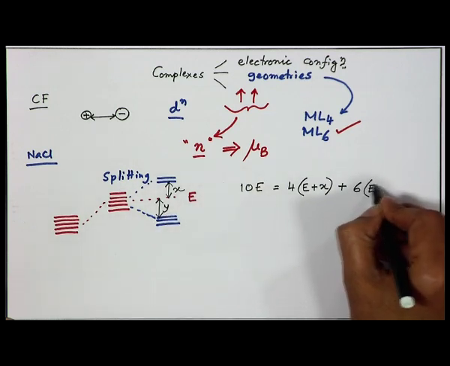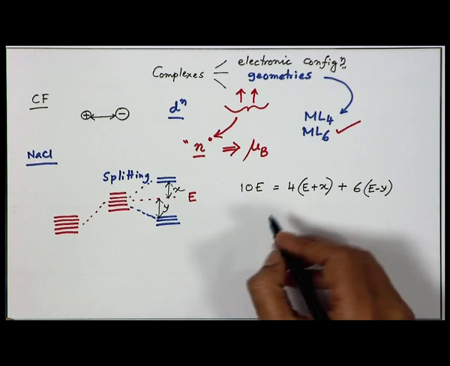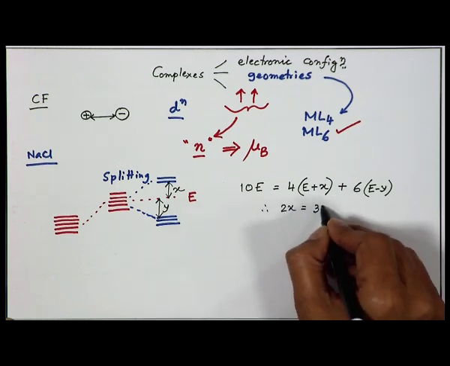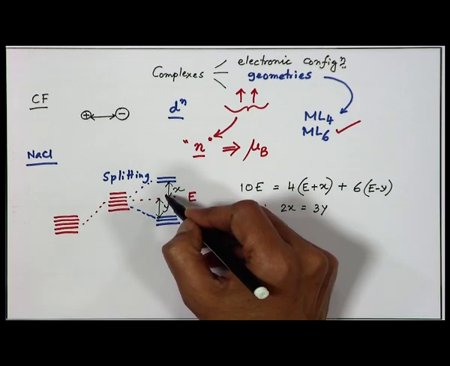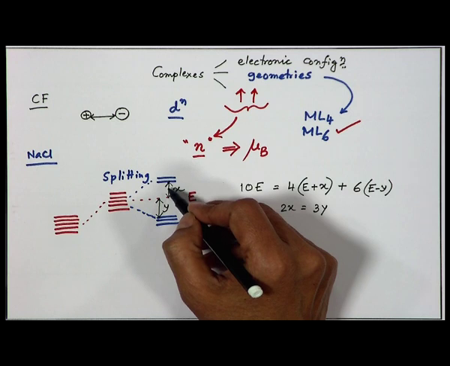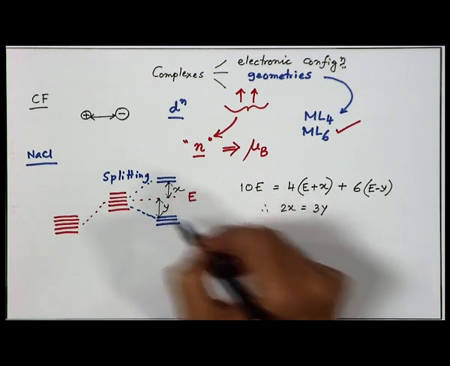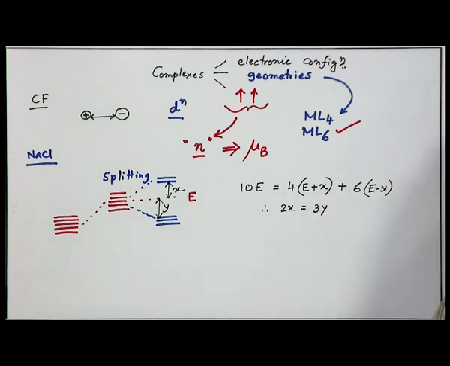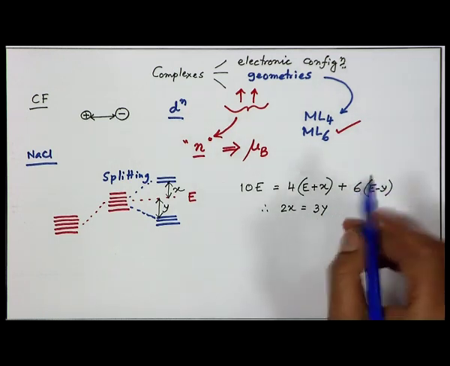That basically gives rise to 2x equal to 3y. So, what is the gap? Basically we are looking at this gap from the level E. What is this gap x and what is that gap y? This gives the relationship 2x equal to 3y after splitting.